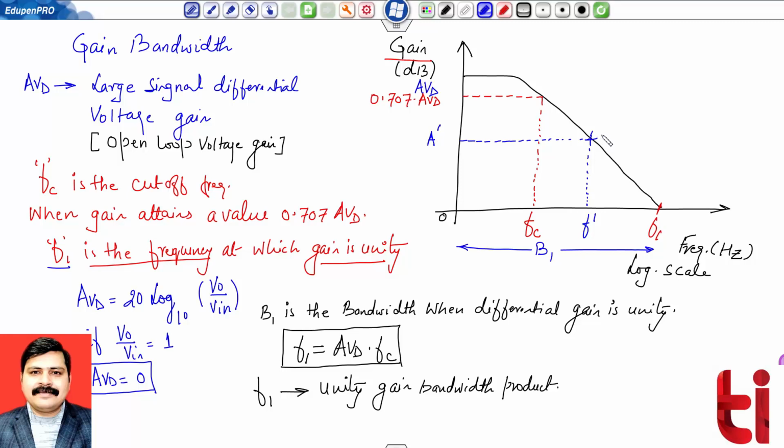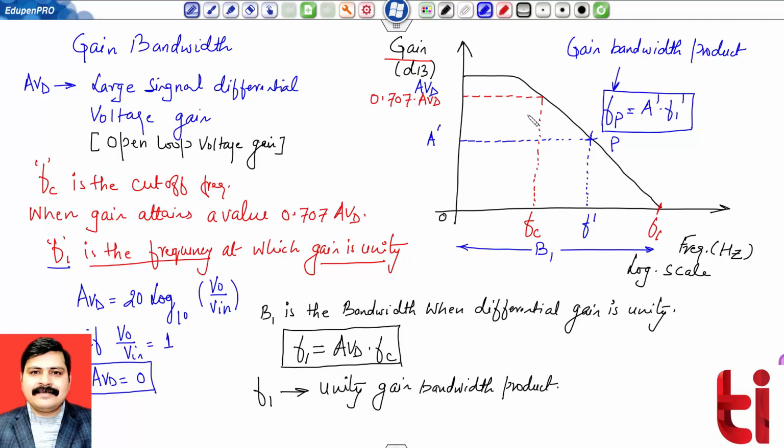At this particular point, I am referring to FP, the product of frequency and gain, which will simply be A dash into F dash. So my gain bandwidth product at a certain point P can be estimated as the product of the respective gain and frequency. So FP is my gain bandwidth product.